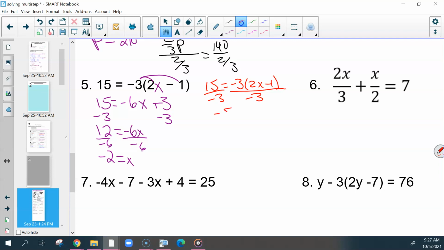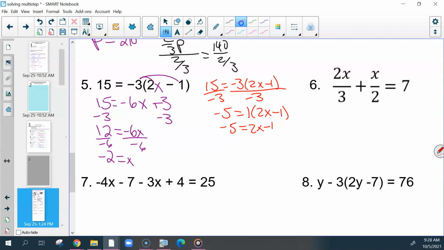So this becomes negative 5. This really becomes 1. Or the negative 3's cancel, so I really don't even need that part. I could have just skipped right to that last step without putting the parentheses. And then I can still solve for x.